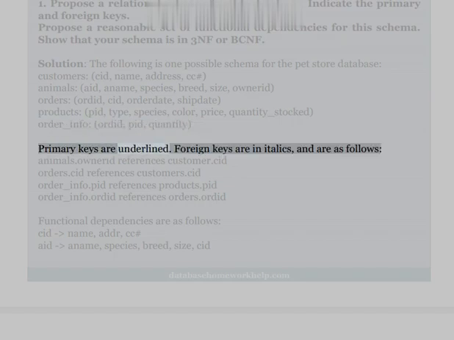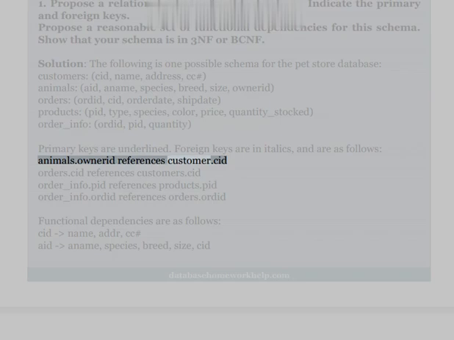Primary keys are underlined. Foreign keys are in italics and are as follows: animals.ownerid references customers.sid, orders.sid references customers.sid, order_info.pid references products.pid, order_info.ordered references orders.ordered.